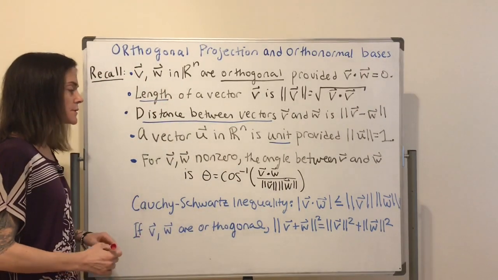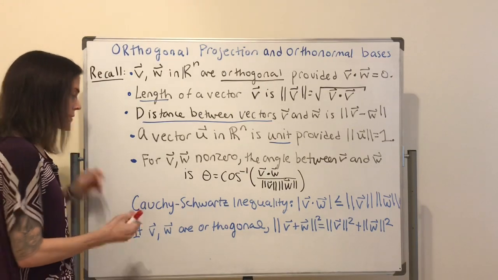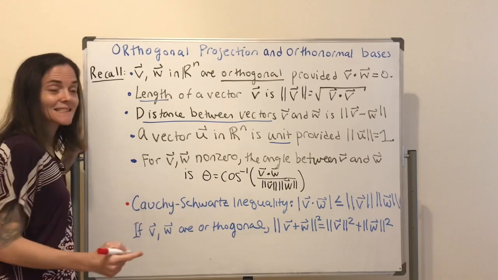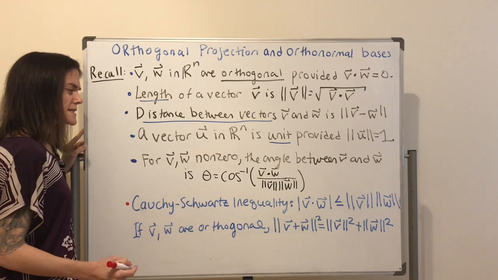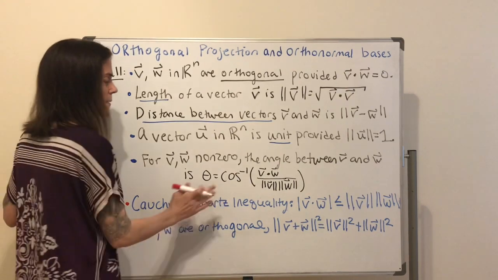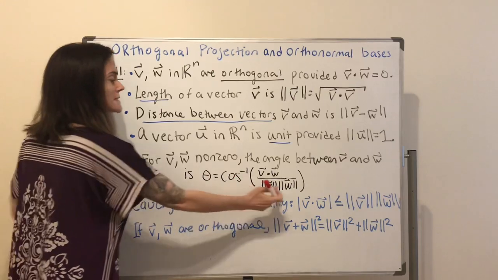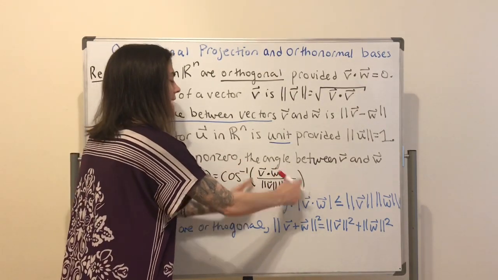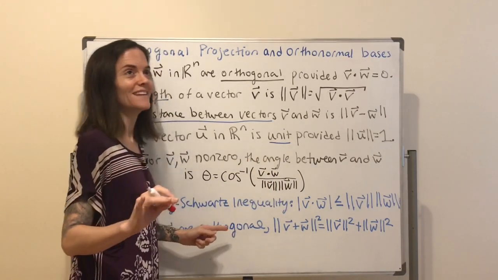These two in blue, while I may not have explicitly written on the board, but we will use this one. I will use it in our very last example today, the Cauchy-Schwarz inequality. Where does this come from? Well, think about it. What's inside these parentheses is a cosine of an angle.